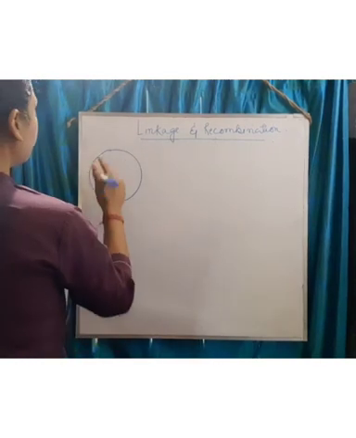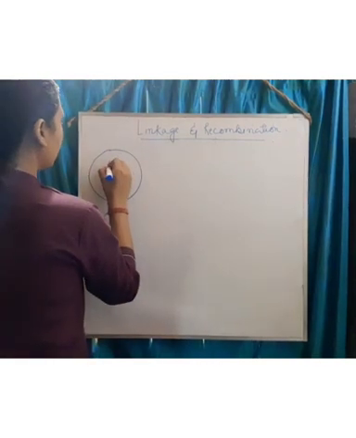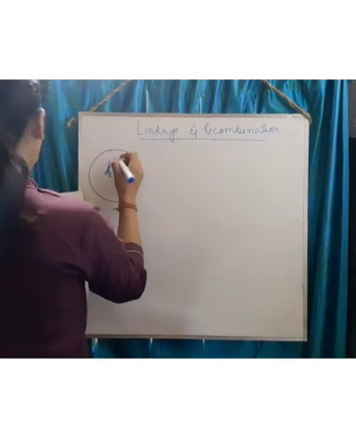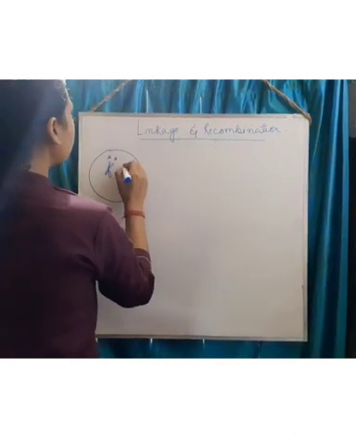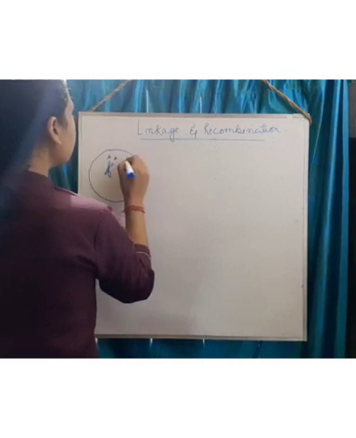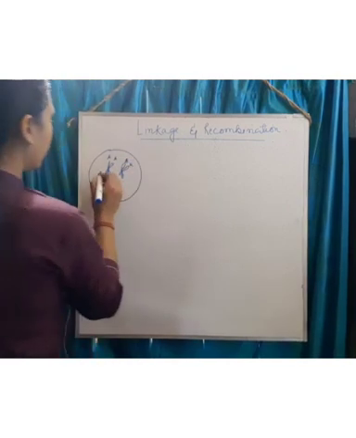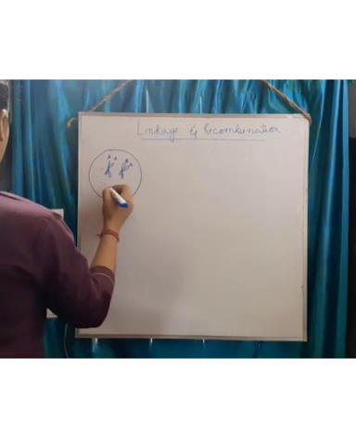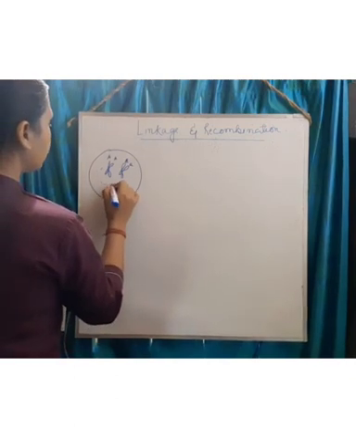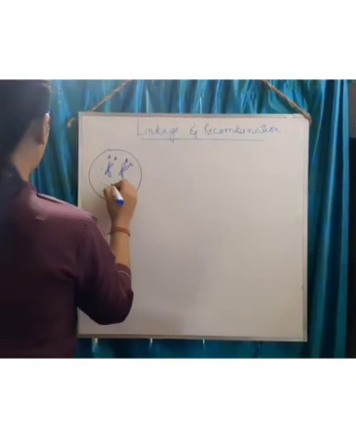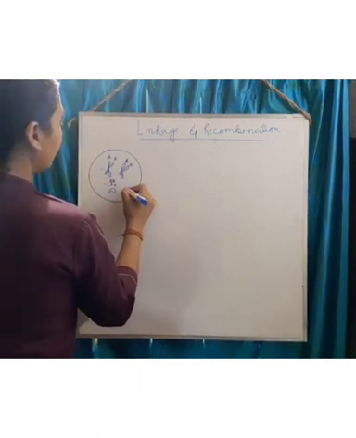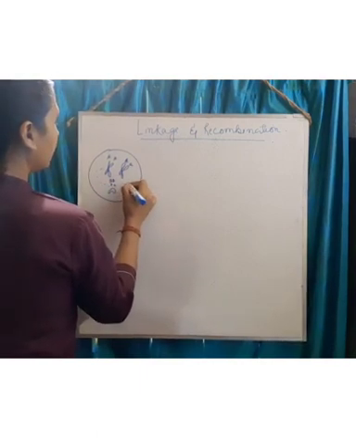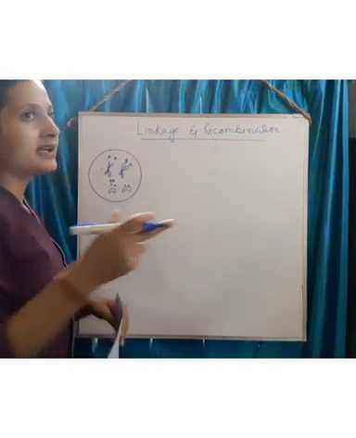Suppose there is a chromosome, and this is capital A, and this is small a, and there is another, this is capital B. See, in independent assortment, if you remember, two contrasting characters were taken.